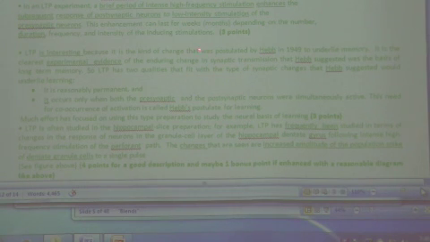So LTP is interesting because it's a kind of change that was postulated by Donald Hebb in 1949 to underlie memory. He said there's some facilitation of synapses going on. He called it a reverberating circuit.